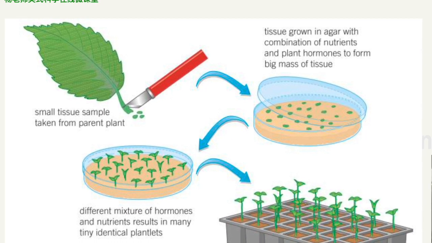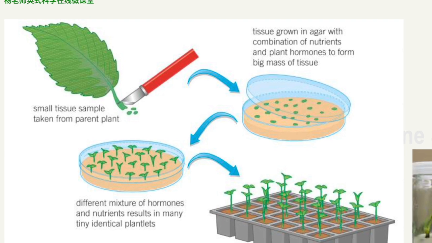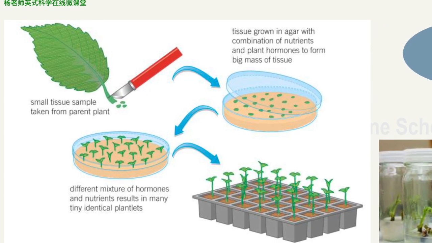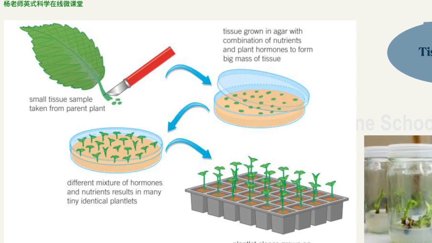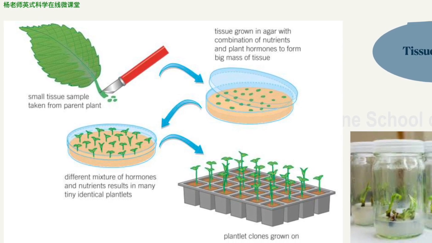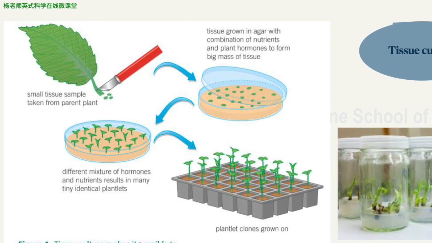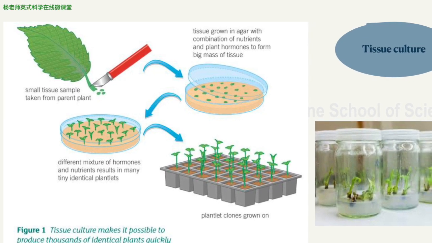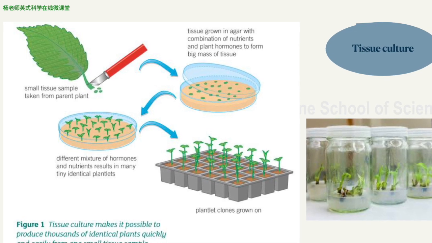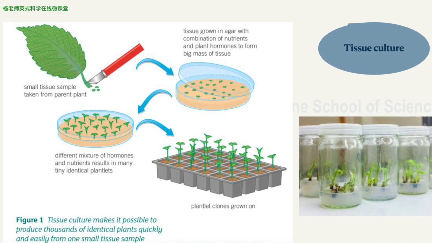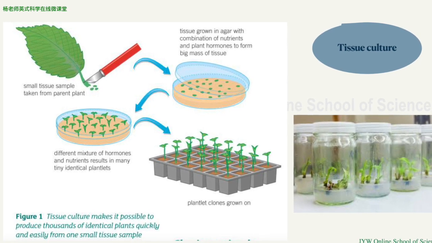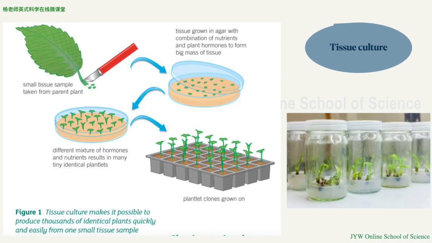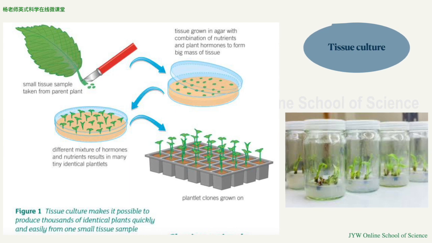This way, those sampled tissues can be stimulated, and then they start to differentiate and grow roots and leaves. Therefore, each of those individuals will grow into a tiny plant, and each will contain identical genetic information.